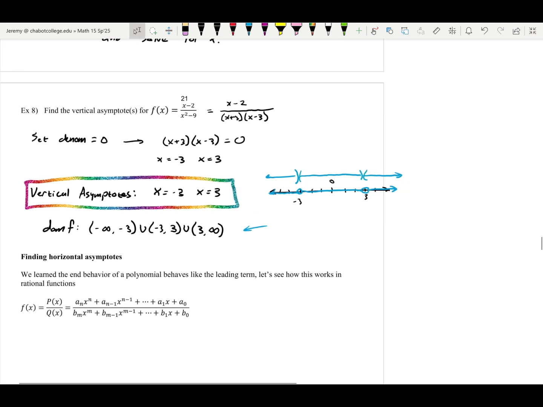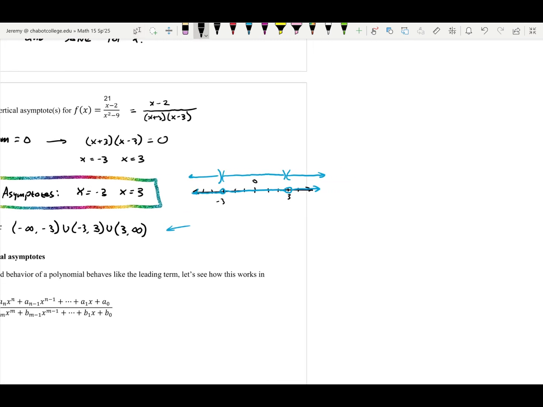And for example 8, you could put it into your graphing calculator if you're curious about what the graph looks like. I'm just going to sketch a very crude sketch here. We do in fact have these vertical asymptotes at -3 and +3. The graph looks something like this.